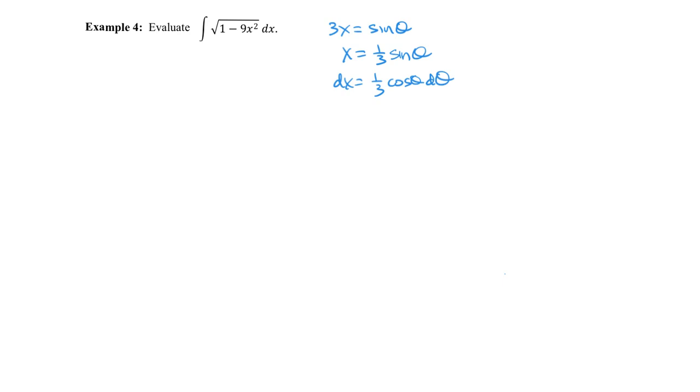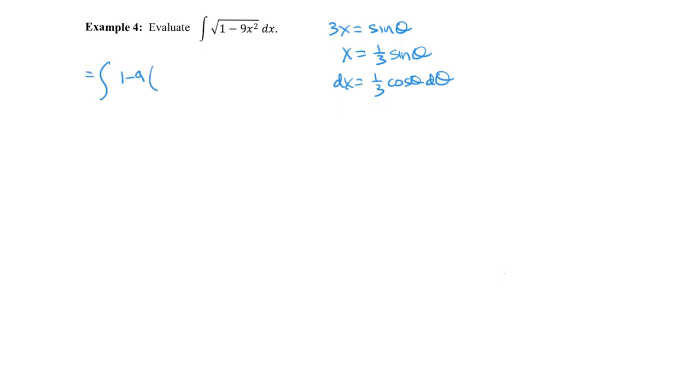And then once you're here, it's just a bunch of substituting. So here's dx right here. For this dx, I'm going to put 1/3 cosine theta d theta. I'm just going to put all these pieces in place. So x is equal to 1/3 sine theta. I've got 9x squared, so I'm just going to put 9 times this squared and see what we get. So this is going to be 1 minus 9 times x squared.